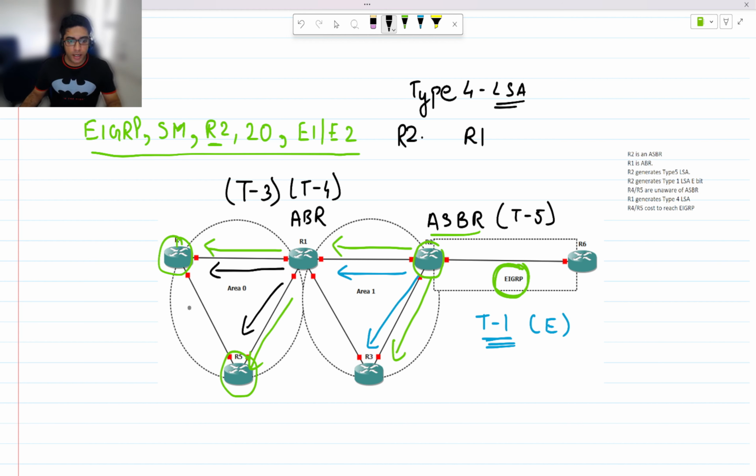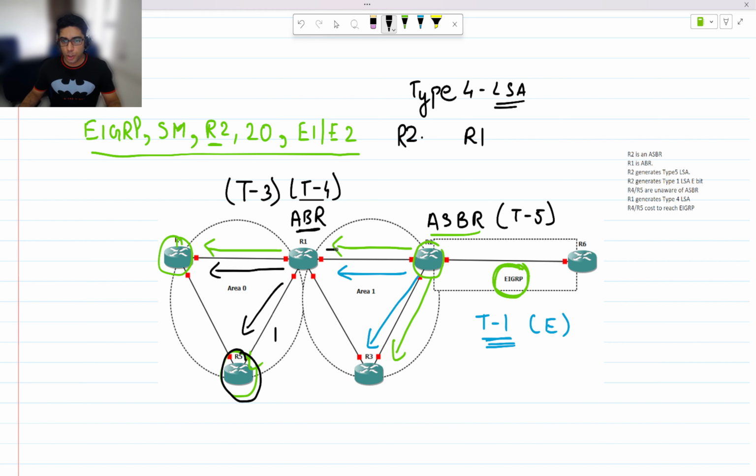So now when R5 wants to calculate its cost to reach EIGRP, it knows through the type 4 that to reach the ASBR, it needs to reach its own ABR first. So R5 is going to calculate its cost to reach the ABR. And in this scenario, that is 1 because it's a fast Ethernet link. Then R1 knows how to reach the ASBR because they both are part of the same area.